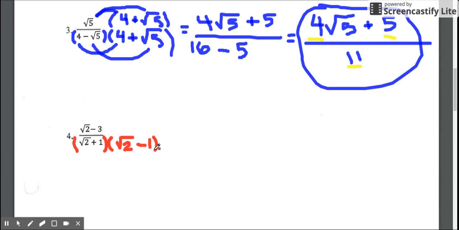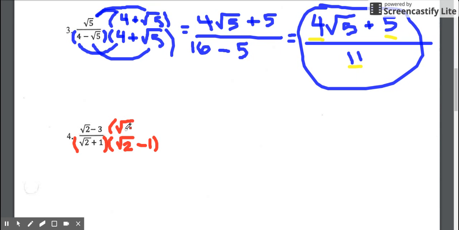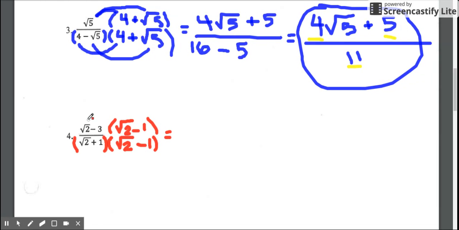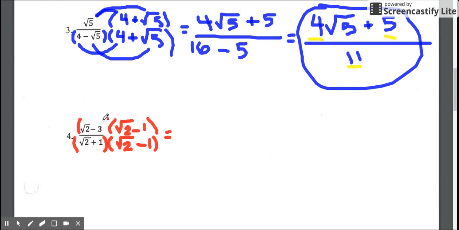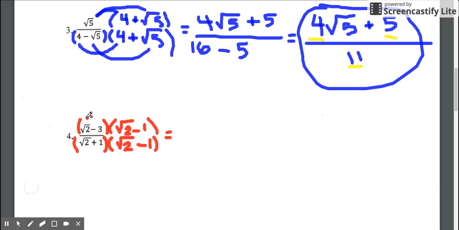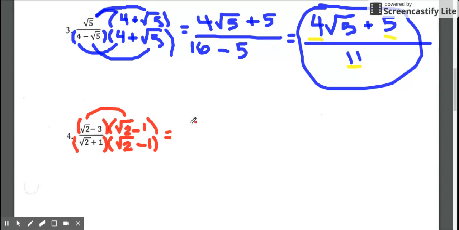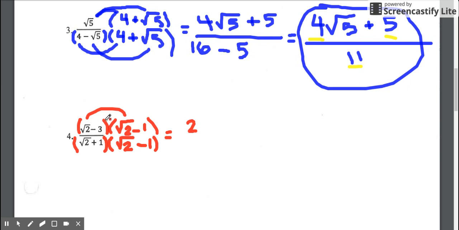Root 2 minus 1 is the conjugate of that denominator. So in the numerator, root 2 minus 1 as well. So this one's a little bit more difficult than before because we're doing a binomial times a binomial, so we're going to have to FOIL. So root 2 times root 2 is 2.